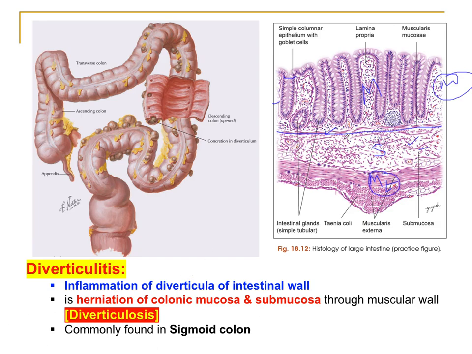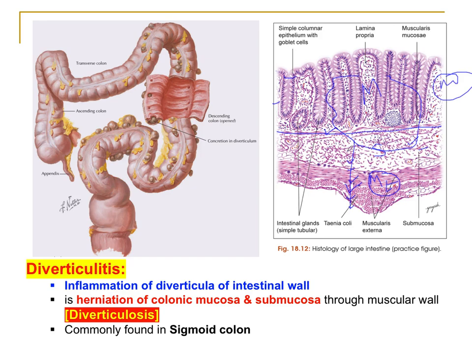So this is the outpouching or herniation of these structures. The structures present here are coming outside from this muscular wall, and such a condition is called diverticulosis.